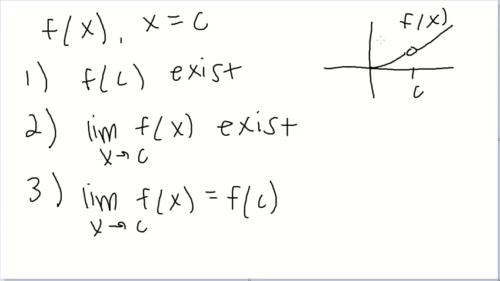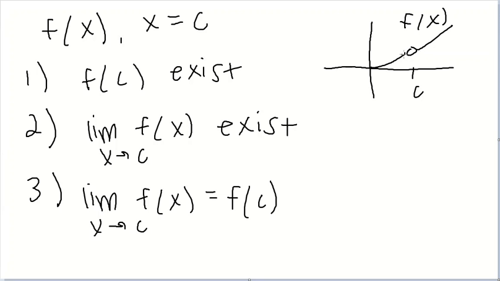Checking the first one, f of c exists: we have a little hole right there, so our function is not actually defined at c. We would not call this function continuous, because at this point c, that first condition has not been met.